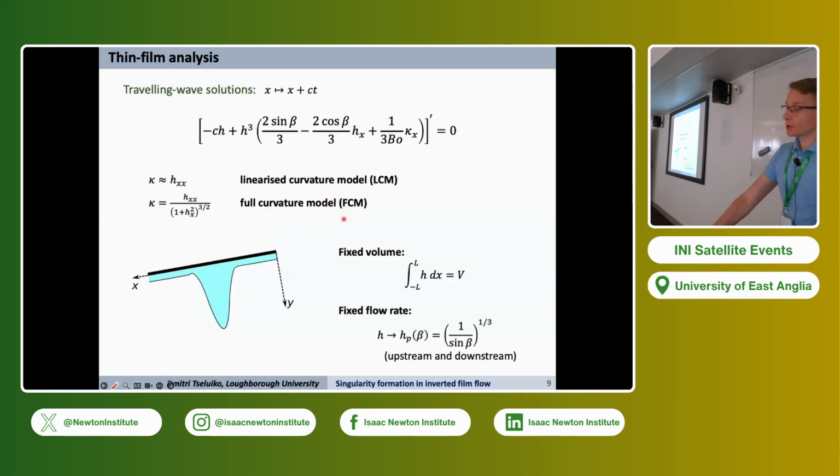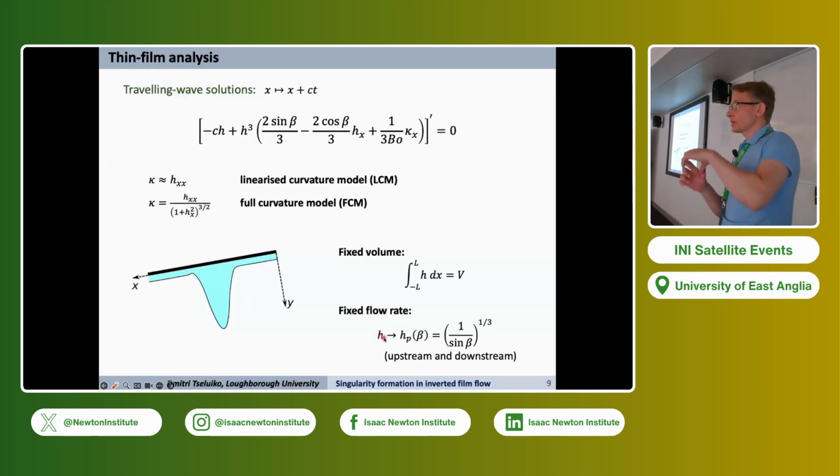And we are going to consider two scenarios, both of which are relevant to applications. The first one is the fixed volume case, where we assume that the volume is fixed in the computational domain. So the integral of h from minus L to L, where minus L to L is the computational domain, is fixed and equal to V. And in the second scenario, we assume that the flow rate is fixed.